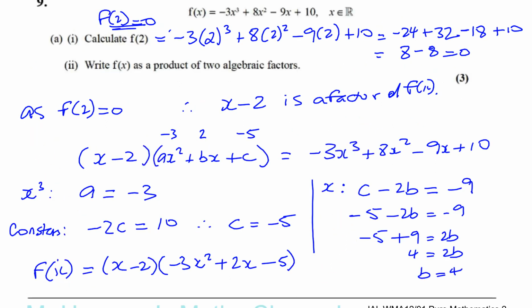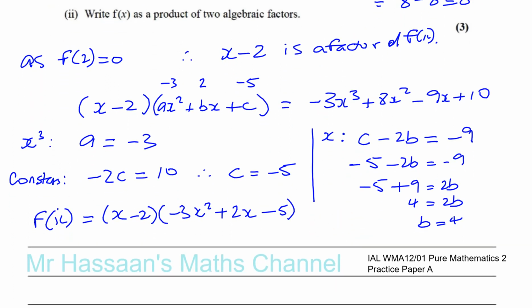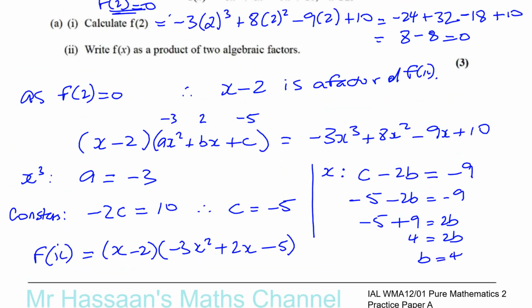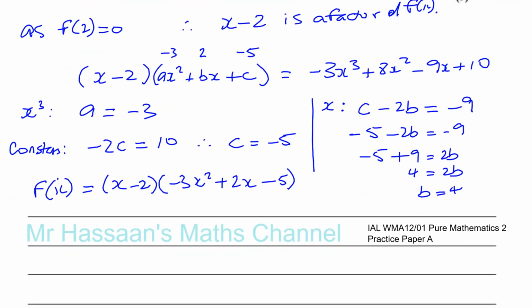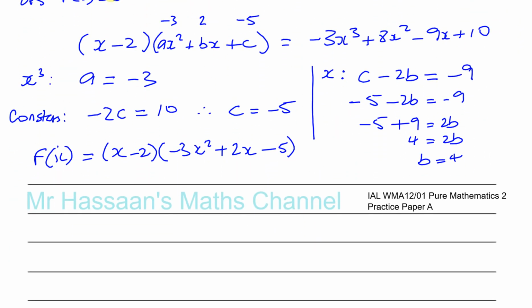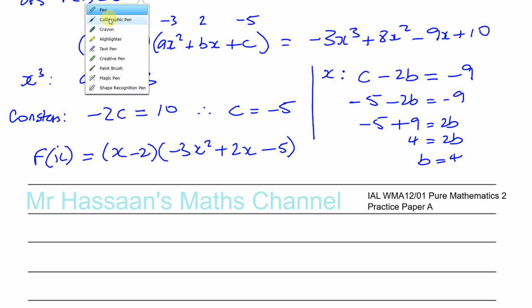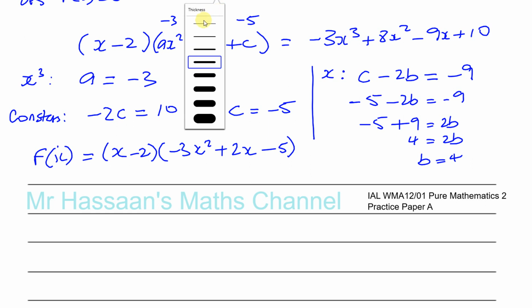I'm also going to show you how to use the other method, which is algebraic long division. Okay, and that is as follows. We know that x minus 2 is one factor.